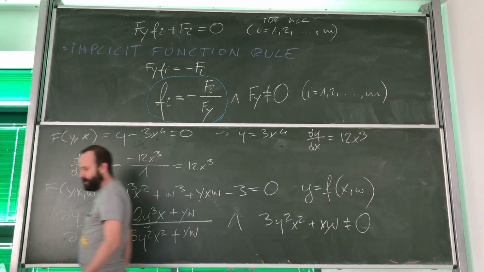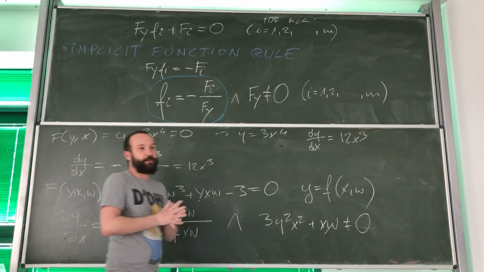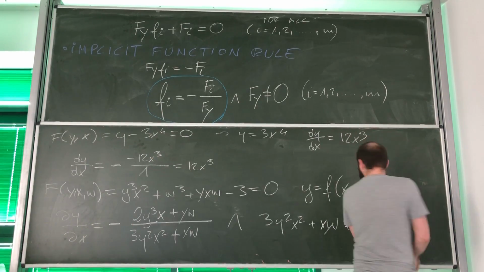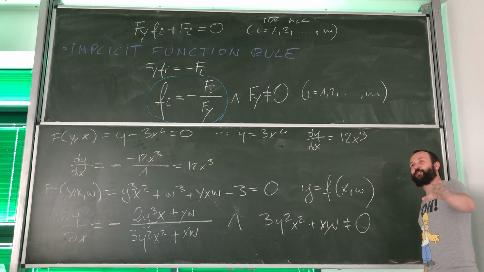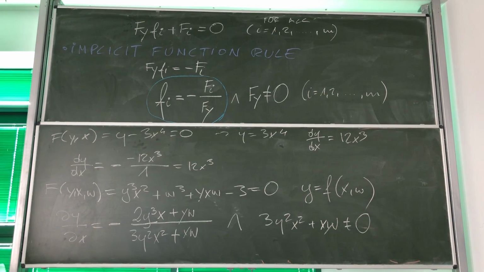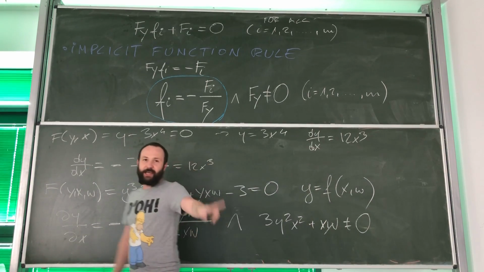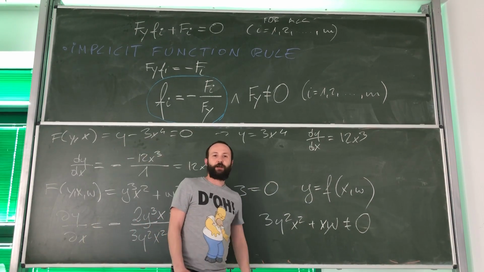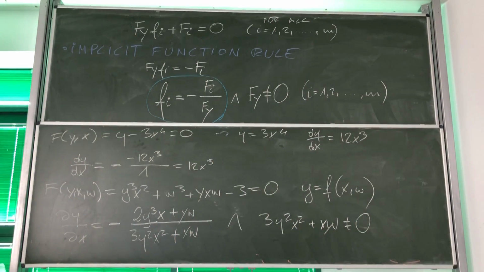Okay, so this is all we need to know about the implicit function rule. Now what we're going to do are the applications of these rules, first to the market model and then to the national income model. Okay, thank you for your attention and see you in the next video.